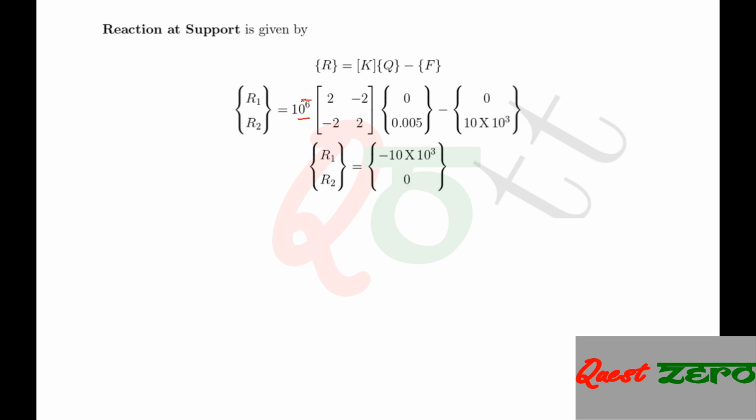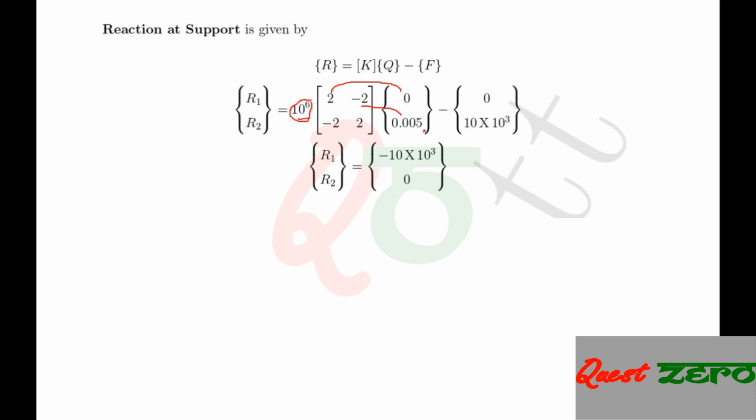I'll just briefly go through the multiplication process. 10 to the power of 6 I'll keep it outside. Matrix multiplication, whatever we have studied, 2 into 0 is 0 plus minus 2 into 0.005. So what is 2 into minus 0.005? The value that you obtain is minus 0.01.